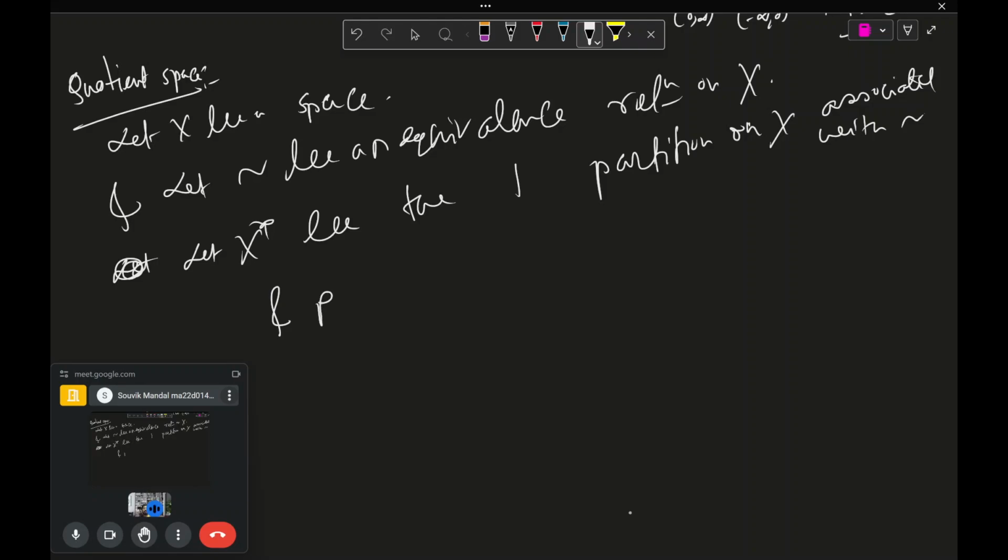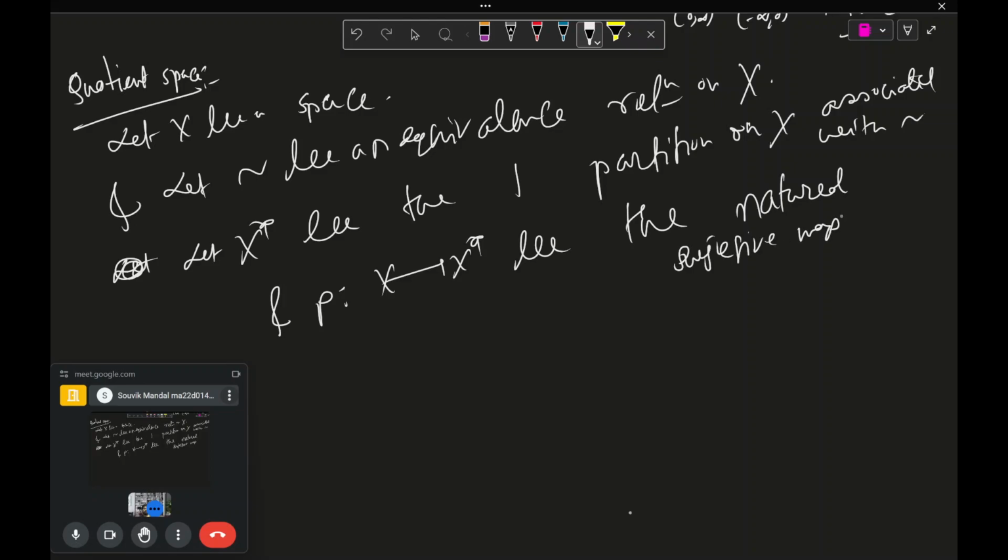And let p be the natural surjective map, namely x goes to the class of x.